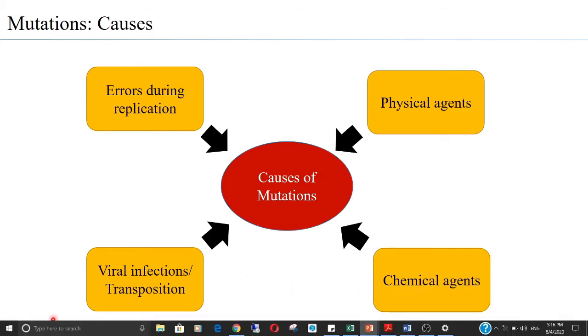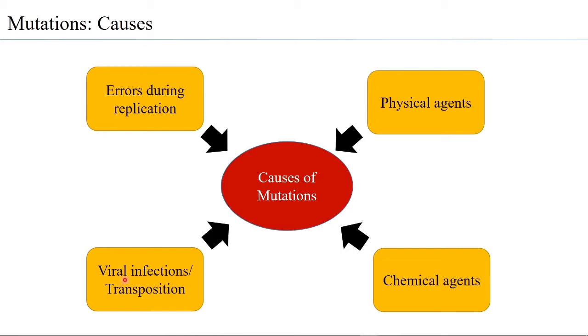Or say, for example, a virus is inserting its genome into the chromosomal DNA, then the insertion of the viral genome into the chromosomal DNA is again going to bring about a change at the chromosome level. If you have mobile genetic elements like, for example, transposition, then it can remove itself from one part of the chromosome and insert itself into another part of the chromosome. That too is a mutation.